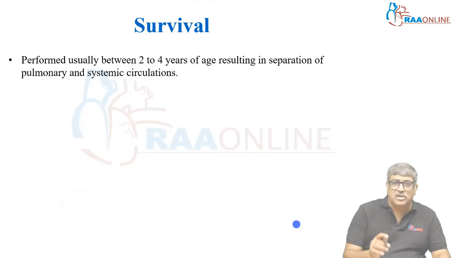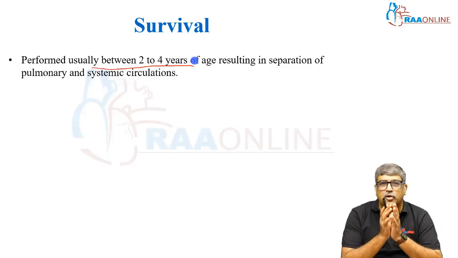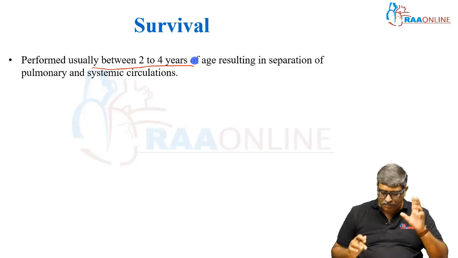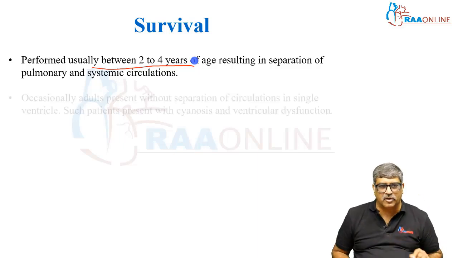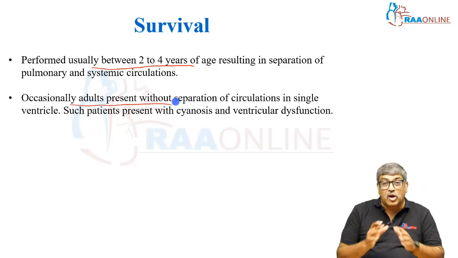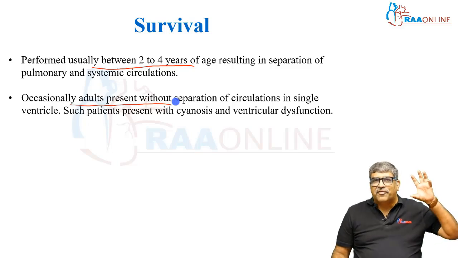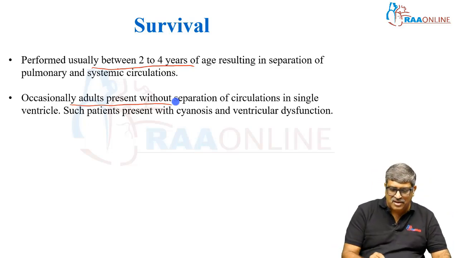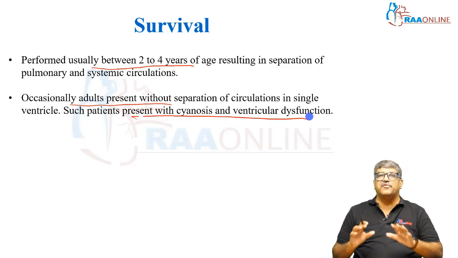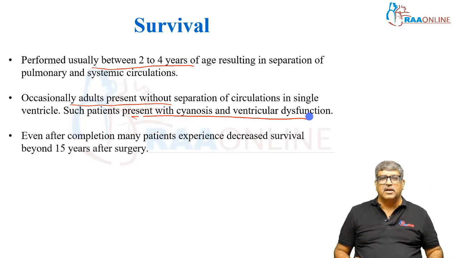And coming to the survival with Fontan circulation, it is usually performed between 2 to 4 years of age, and it results in separation of pulmonary and systemic circulation. Occasionally, adults present without separation of circulation in single ventricle, and if no intervention is done, the patient presents with severe cyanosis and severe ventricular dysfunction.